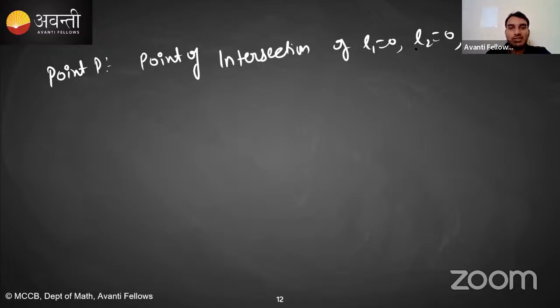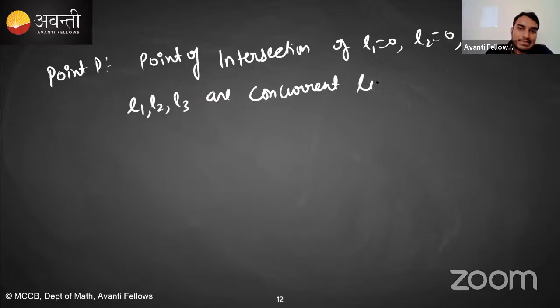If such a point exists, where those three lines are intersecting at a common point, then we'll say that L1, L2, L3 are concurrent lines. Is this clear? The definition is clear. If three lines are concurrent, then these three lines will have a common point of intersection. That's it. And how will you check whether my lines L1, L2, L3 are concurrent?